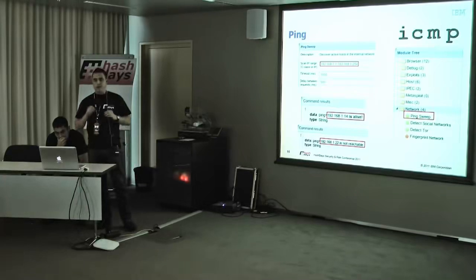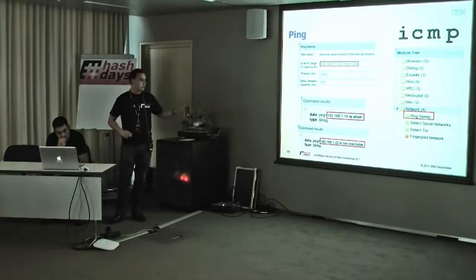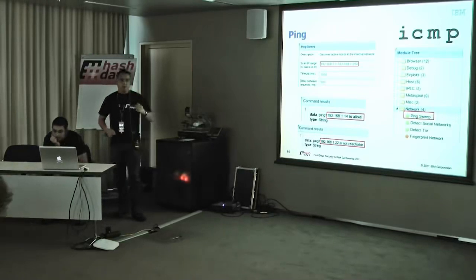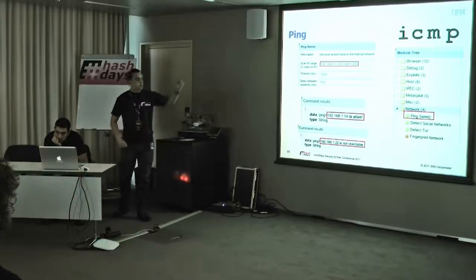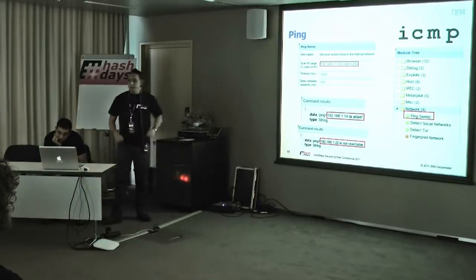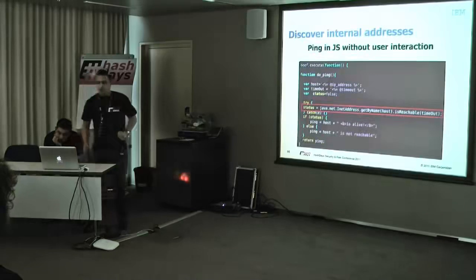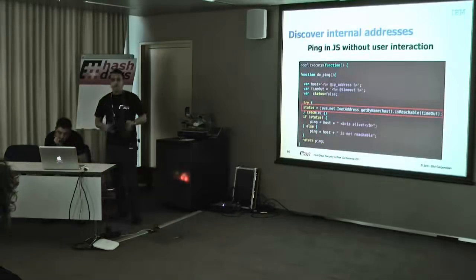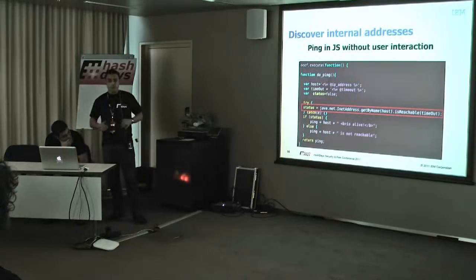We can define an IP address. Here we have a couple of examples. It returns whether the machine is alive or not. There we have the module tree, under the network category. It works by calling from JavaScript a Java static method, and it does not require user interaction.